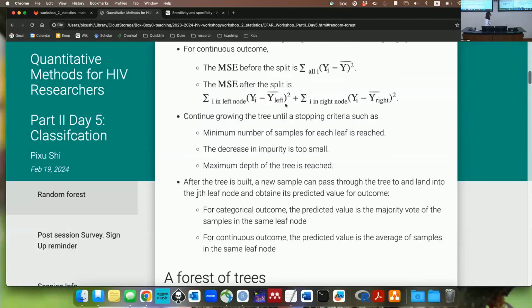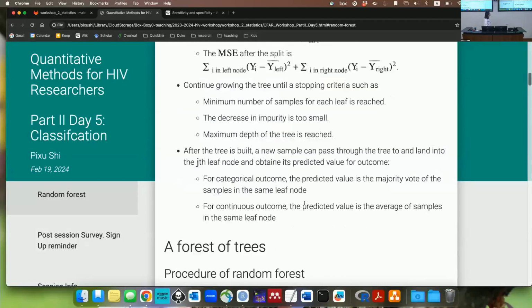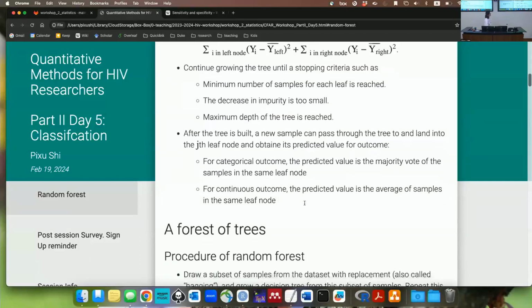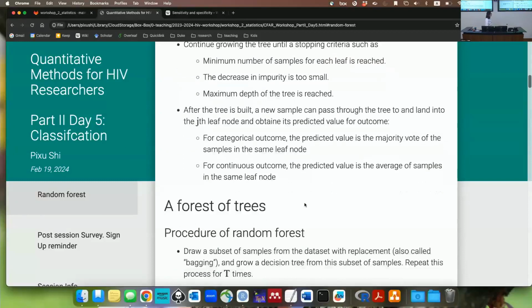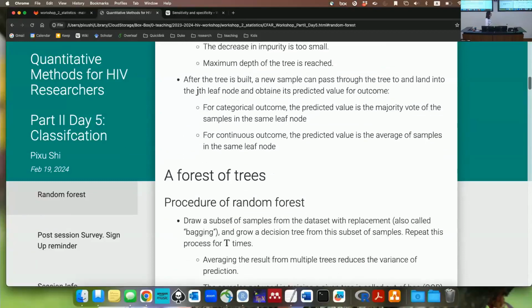So this is just doing one tree. The power of random forest is that it's going to use many trees. And how do we get many trees? It's by drawing a random subset of the samples. When you use a different subset of samples, your optimal tree growing will probably be different.